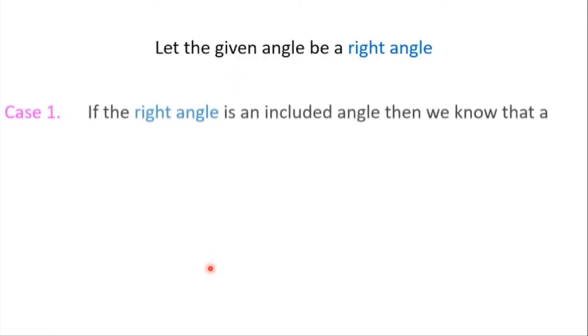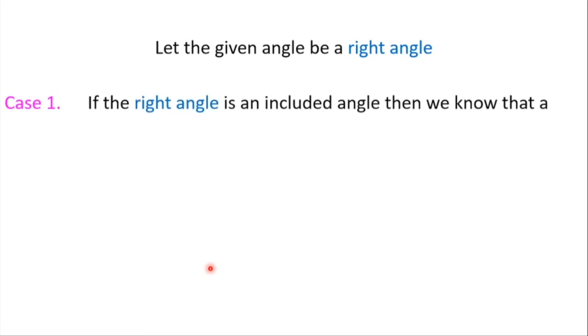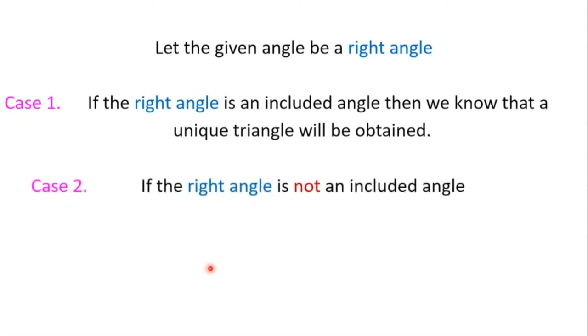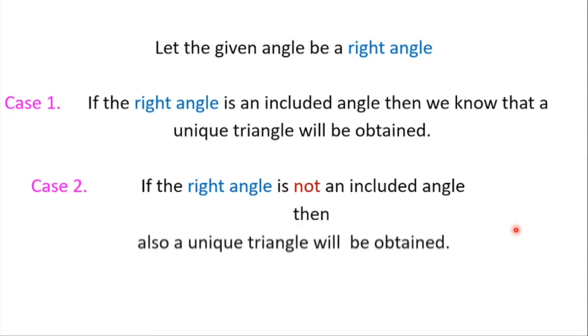Let us understand one more important point, that let the given angle be a right angle. Case number 1: if the right angle is an included angle, then we know that a unique triangle will be obtained. Case number 2: if the right angle is not an included angle, then also a unique triangle is obtained.